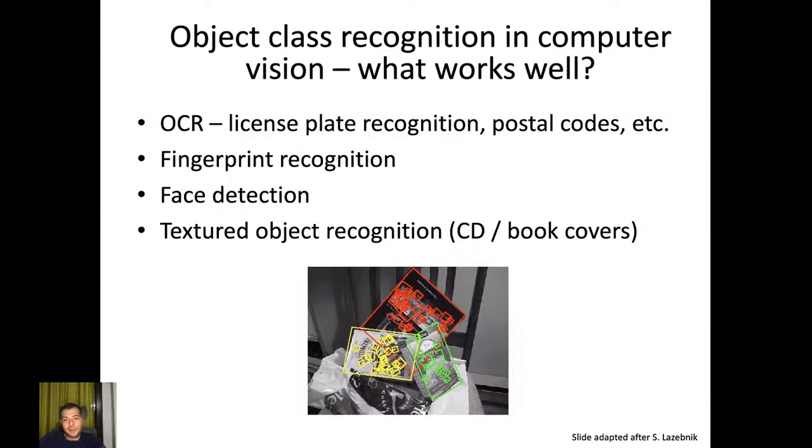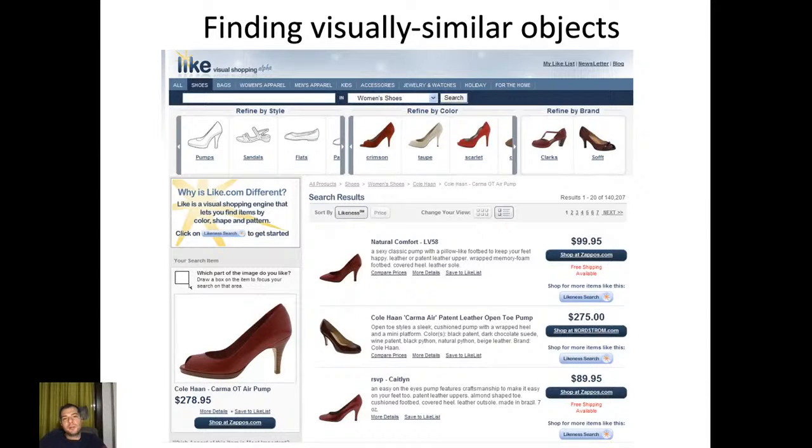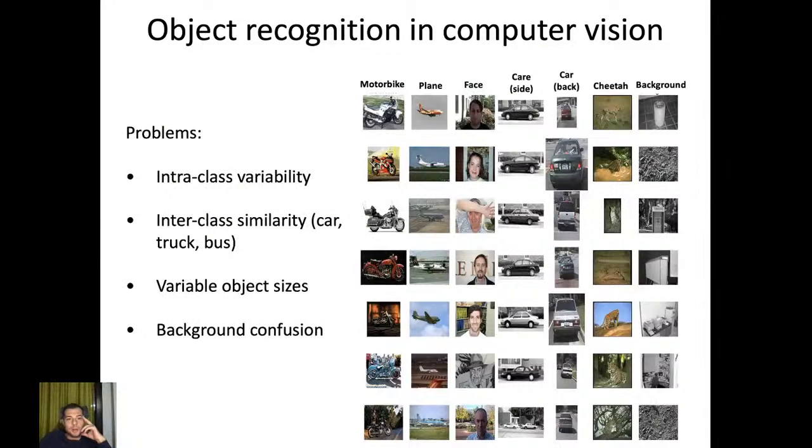What also works well is the recognition of textured objects and recognizing specific instances of these objects that have very similar features. We also see applications in finding visually similar objects, so recommending similar objects. This can be used in product recommendation for online selling websites and so on.